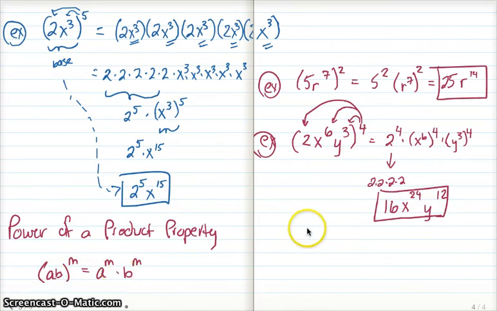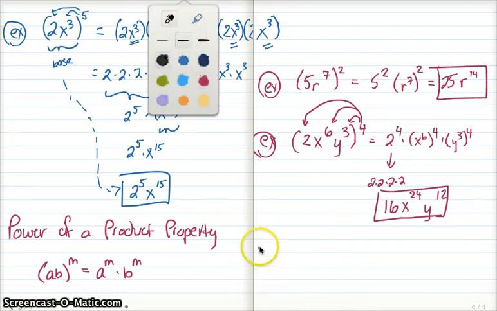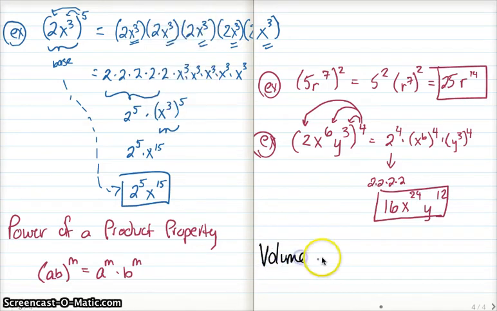We can relate this property to volume. Just as a reminder, to find the volume of a cube or any rectangular prism, I should say, volume is equal to length times width times height. Okay, so let me flip my page here so I have more space. Let's say you have something like this.